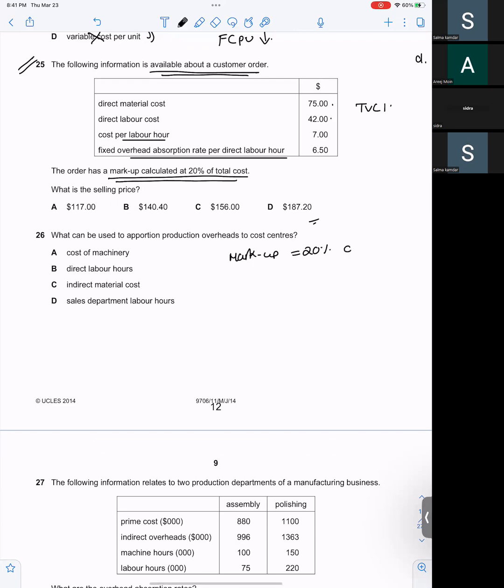Markup is 20% on cost. That means it is 1/5 on cost. So it will become how much on sale? 1/6. It will become 1/6 on sales. What is the selling price?